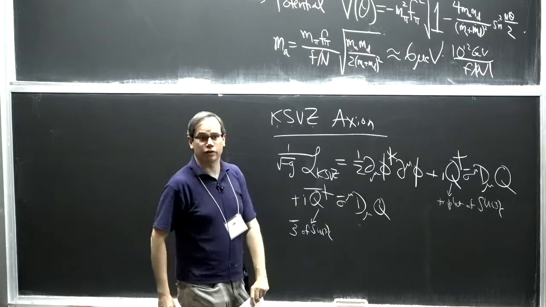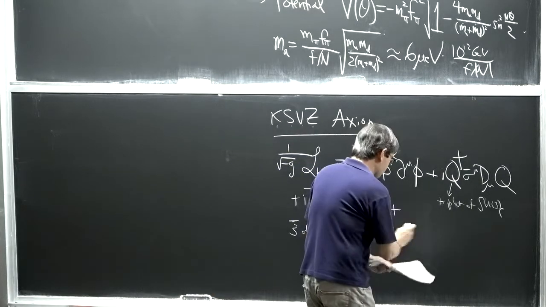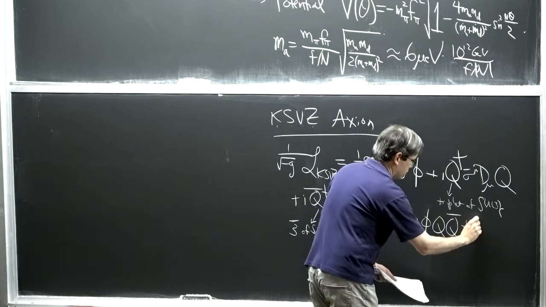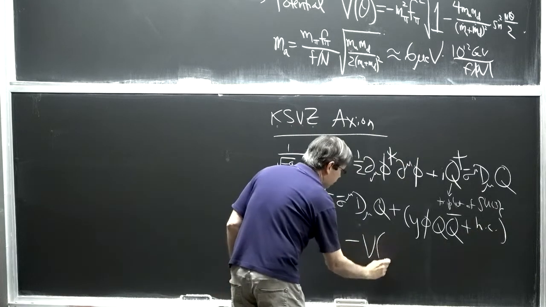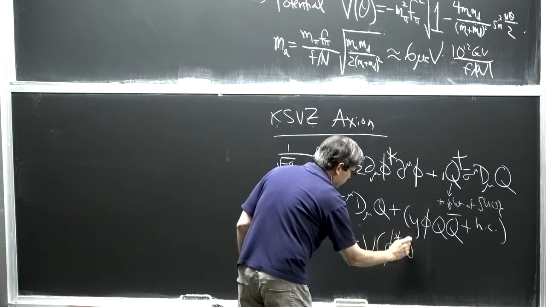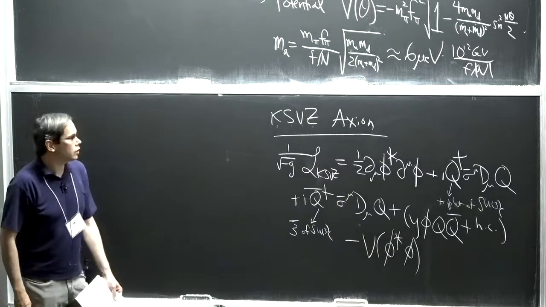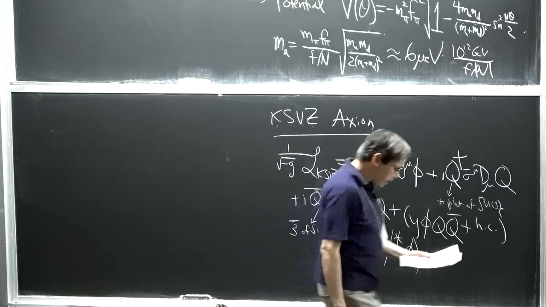They're both left-handed Weyl fermions. I don't write a mass term for them, but I do write a Yukawa coupling, y phi Q Q bar plus Hermitian conjugate. And then I write a potential that depends only on the magnitude of phi. That is the KSVZ Lagrangian.